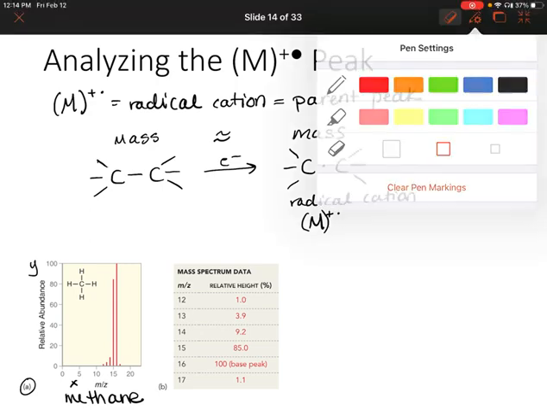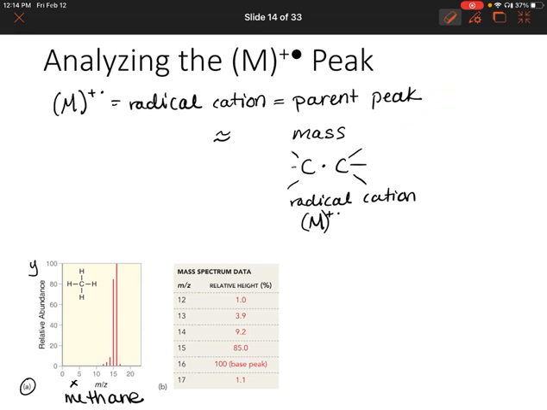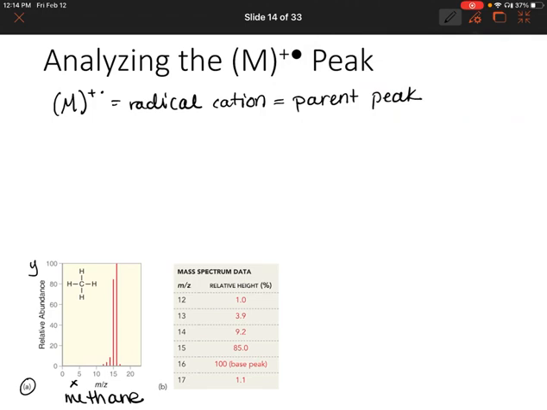So let's talk about how to find that parent peak, which is the radical cation peak. Looking down below at the mass spectrum, the tallest peak in this cluster of peaks is at 16. So an m over z of 16. So that will be our parent peak.